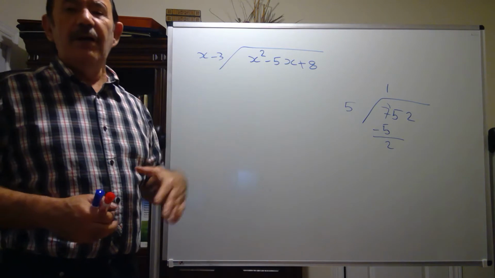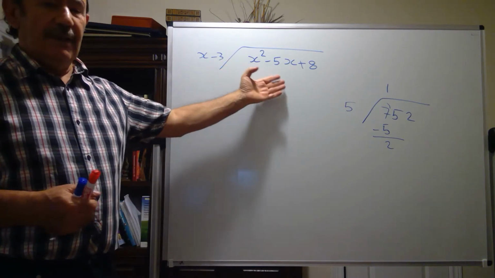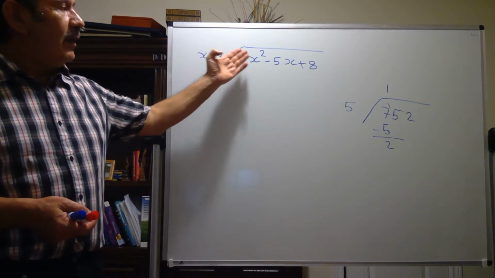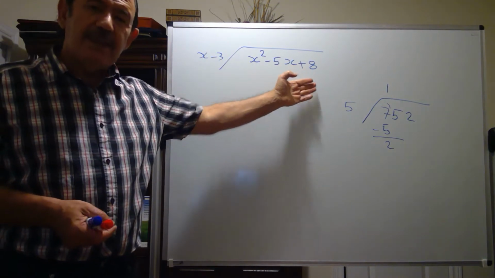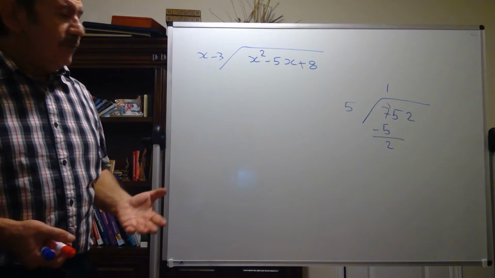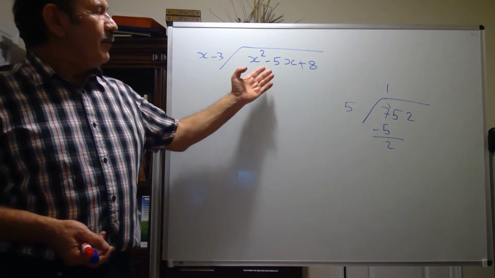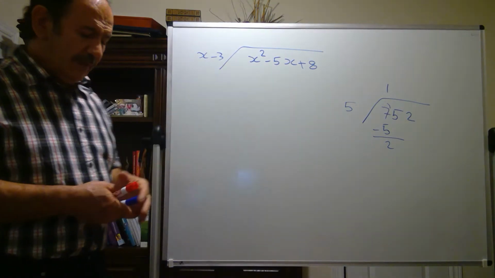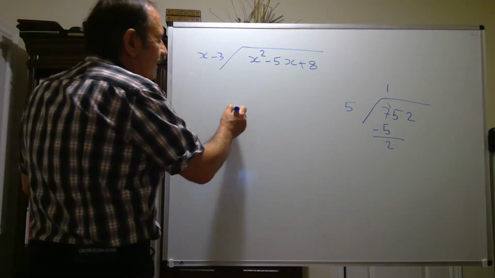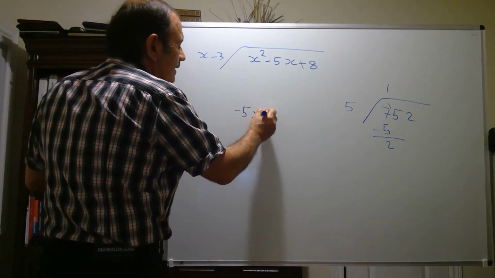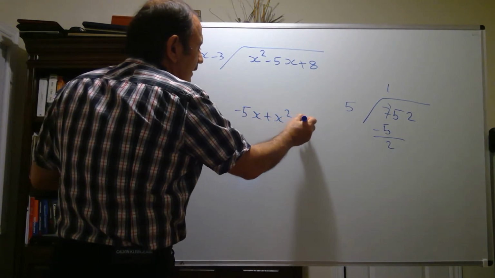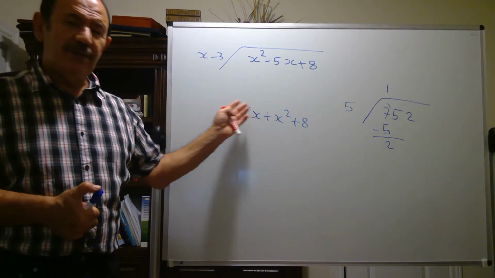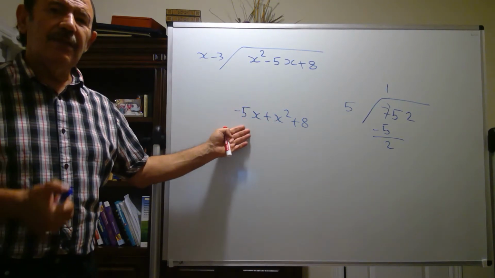First, always remember, if the expression is not ordered from highest degree to lowest degree, we should order it. What I mean, if it was minus 5x plus x squared plus 8, can you see it is not arranged from highest degree to lowest degree? Yes, not in order.